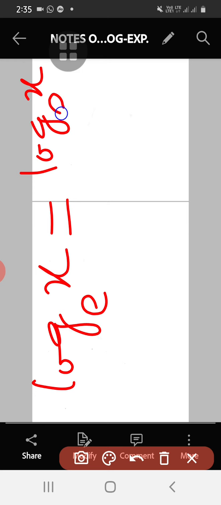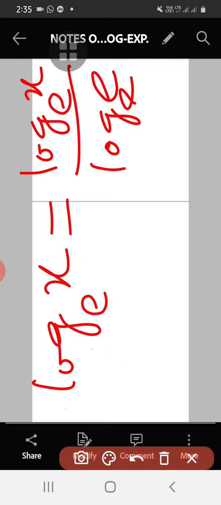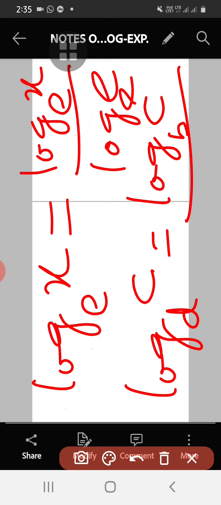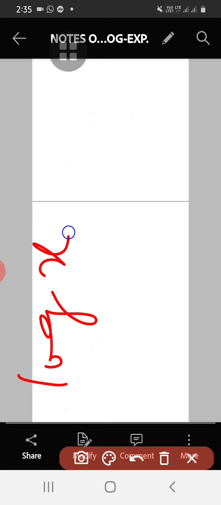If I have log x base e, and I want to convert it to base b, then log x base b over log e base b. Otherwise, log c base d: if you want to change the base to b, it is log c base b over log d base b. Generally, we write log x to the base y.